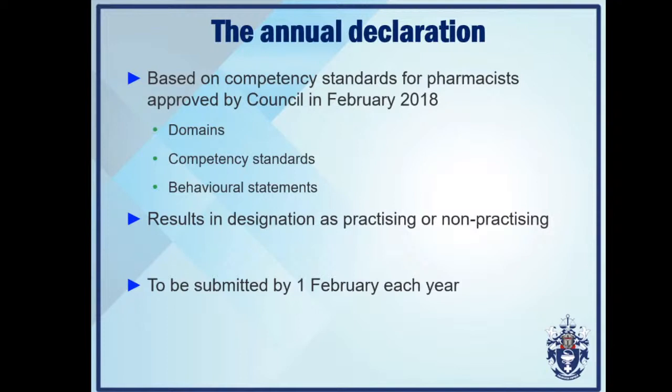If you agree, the system will designate you as a non-practicing pharmacist, and you will not be able to amend that designation. For you to do so, you will need to apply to the Pharmacy Council, and we will check the requirements on our side and then reset your designation status.